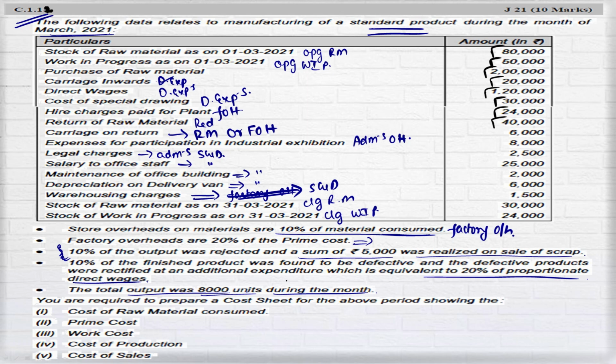And carriage or transportation expenditure on return of raw material. Please understand, if you return your raw material, your creditors will be debited, right? But the cost of return is your indirect expenditure. It is other transportation cost. If you purchase your raw material, can transportation cost be added to cost of raw material? Yes.